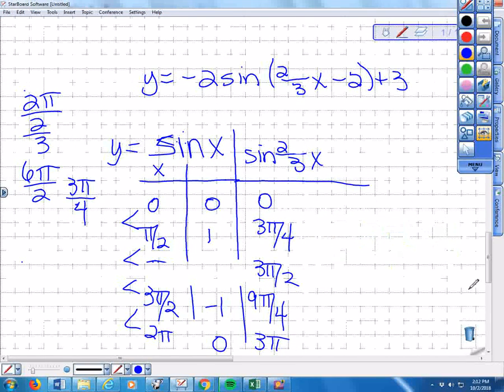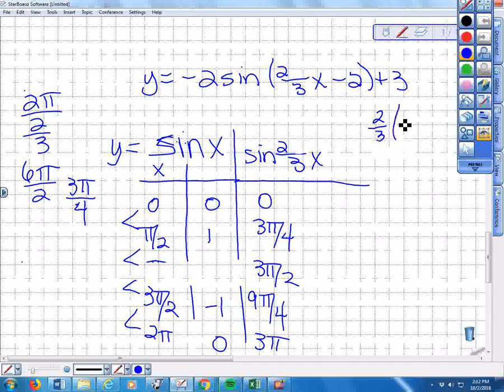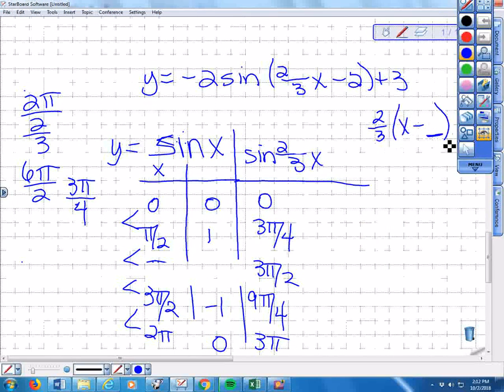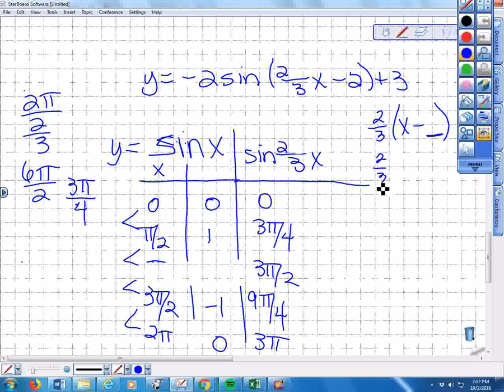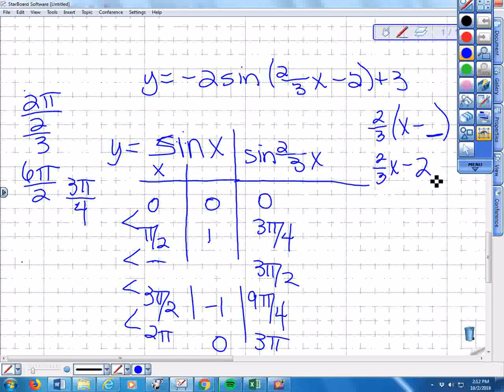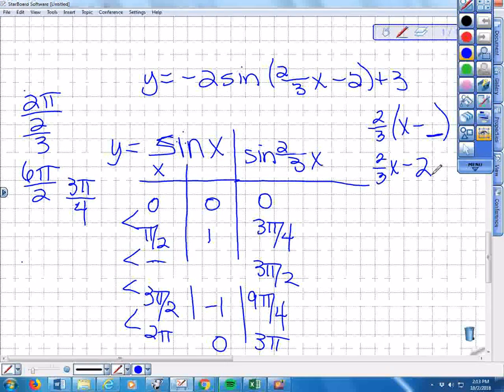I want to get it into the form 2/3 times x minus something, which is going to equal 2/3 x minus 2. Because if I've got a phase shift, 2/3 is outside that parenthesis.